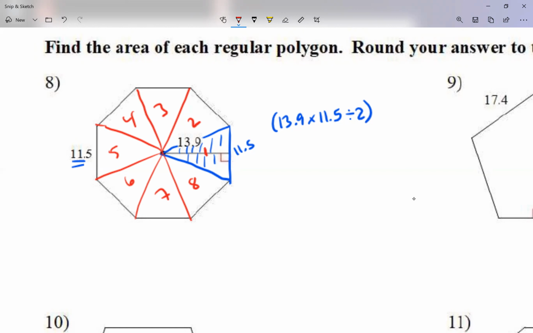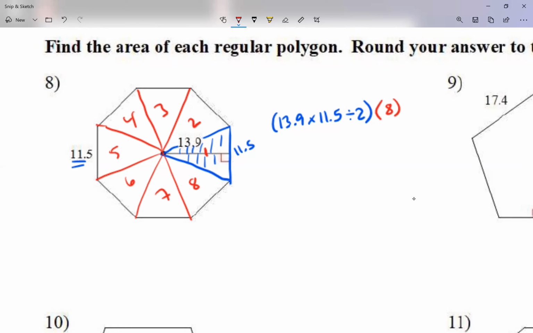If my polygon had 5 sides, there are 5 triangles. If my polygon had 10 sides, 10 triangles. Because my polygon here has 8 sides, 8 triangles. So 13.9 times 11.5 divided by 2 gives me the area of 1 triangle. Whatever I get for that triangle, I'm going to multiply by 8, because that is how many triangles I have.